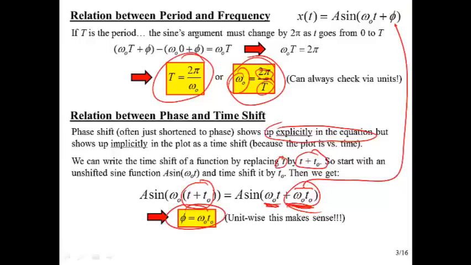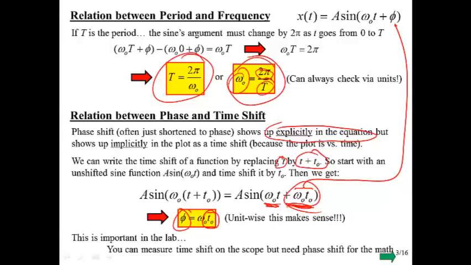So it's proportionality, but what that means is that if omega 0 is higher, for a given time shift, we get a larger phase shift. That's all that means.